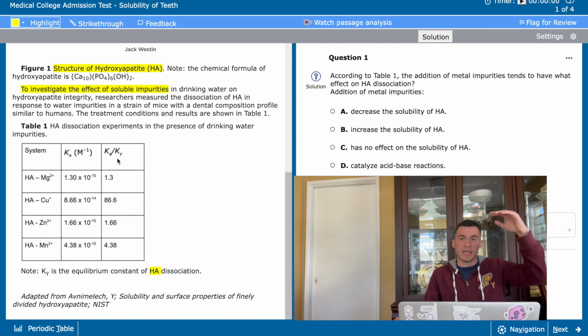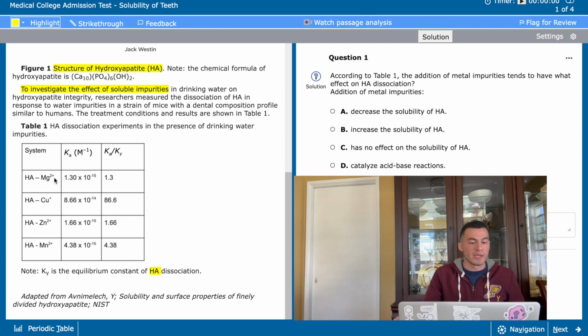If you have Ka over Ky and it's equal to 1, that means if you cross multiply, Ka is equal to Ky. However, given that these values are bigger than 1, you have 1.3 and all these bigger numbers, we can assume that Ky is smaller than Ka, meaning that whenever we have these metal ions present, they're going to cause an increase in dissociation of the tooth, which is not good for our dental health, essentially.